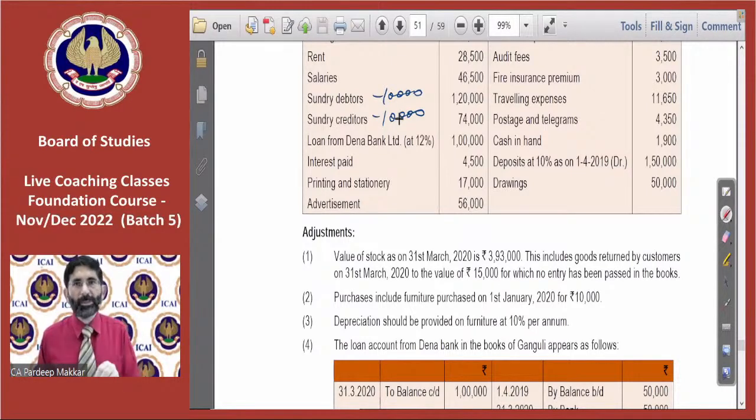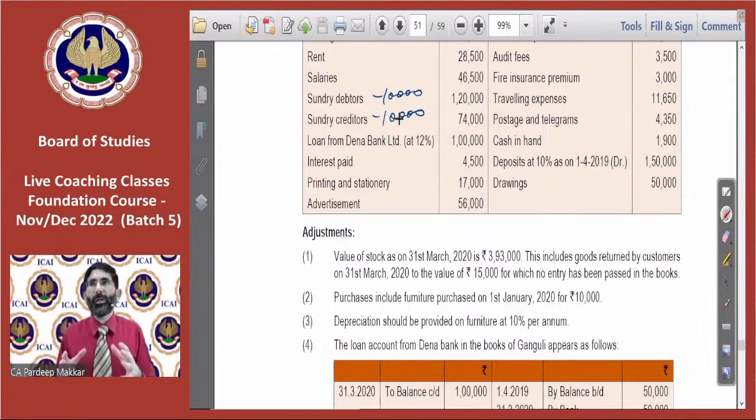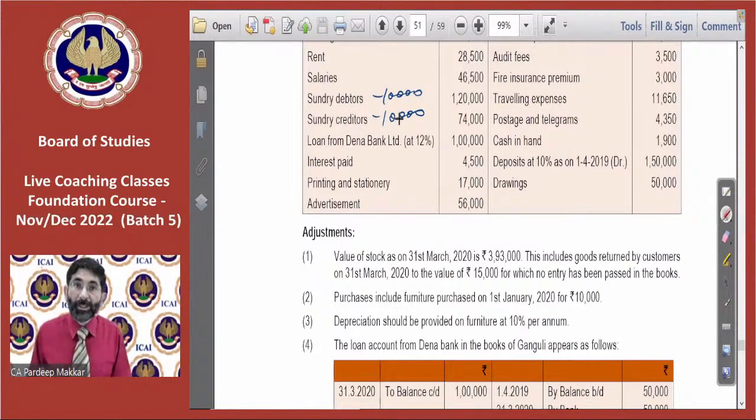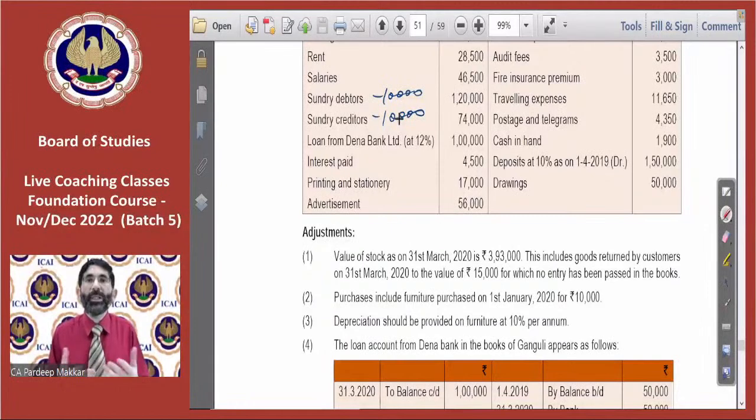Otherwise, here what it means for byproduct is that whatever the income from byproduct, that will be deducted from the cost of our main product, or that will be credited to our manufacturing account. For example, if we are manufacturing ladies suits or gents t-shirts, then there may be some cuttings available with us with which we can make baby suits, or hankies, or bermudas, or something else.